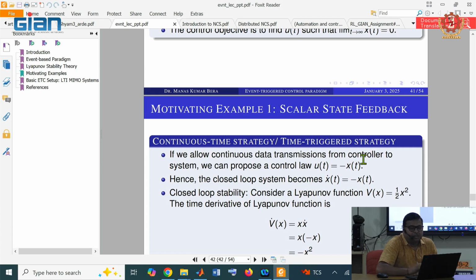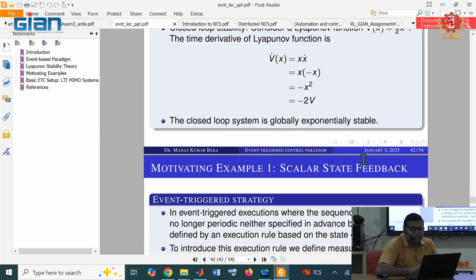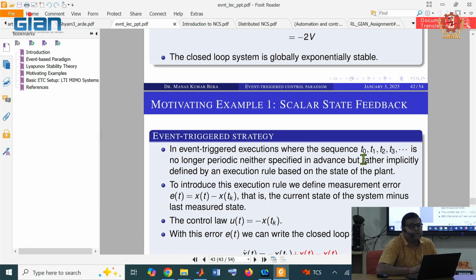In contrast to that, we can do event based sampling. We will not sample at periodic intervals. Instead, the decision of when to sample and when not to sample is decided by a triggering law. The triggering law will tell you to sample now, and at other times it will not sample.